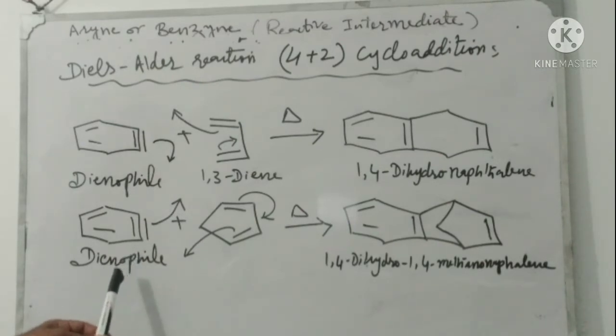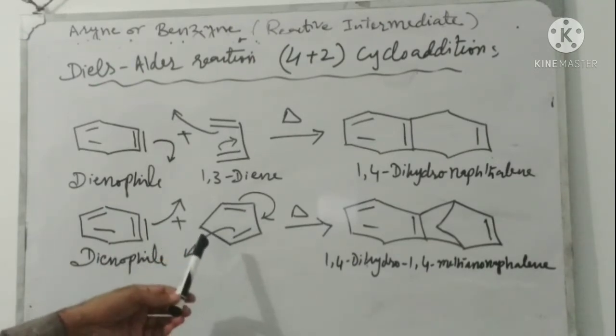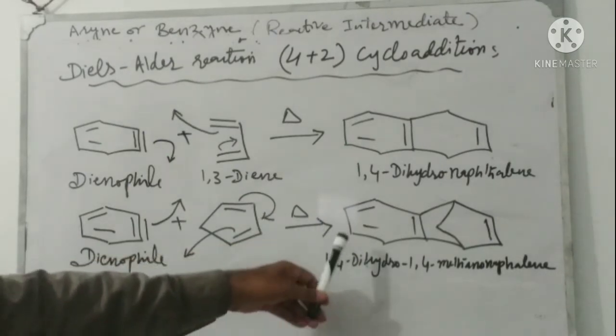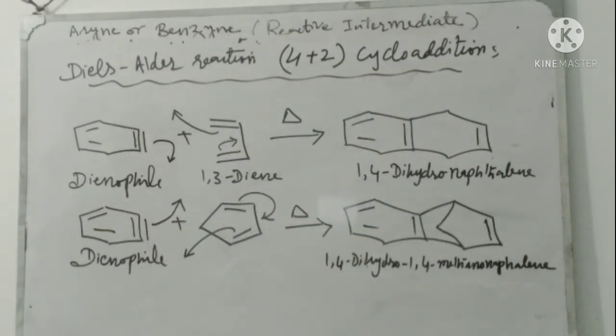So this is another example in which benzyne behaves as a dienophile. It reacts with 1,3-cyclopentadiene under thermal condition, and it forms this Diels-Alder adduct. So these are two examples of 4+2 Diels-Alder cycloaddition reactions of benzyne.